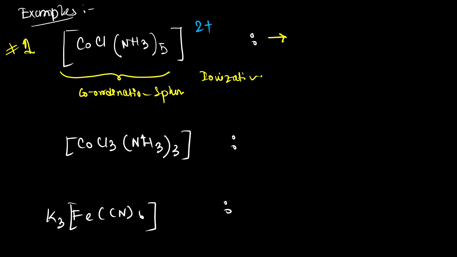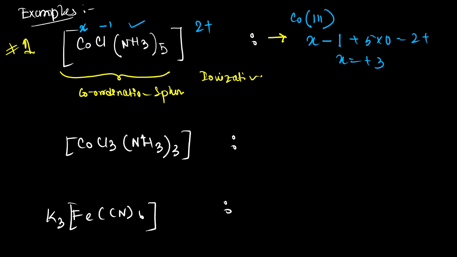Now if we assume the oxidation number of the central metal atom, cobalt, is X, and the other ligands are Cl and amine NH3, Cl will have the oxidation number -1. So we have X - 1 and 5 amines having 0, so X - 1 + 5 into 0 equals +2. So here X will be +3. So the oxidation number of cobalt will be +3 here.